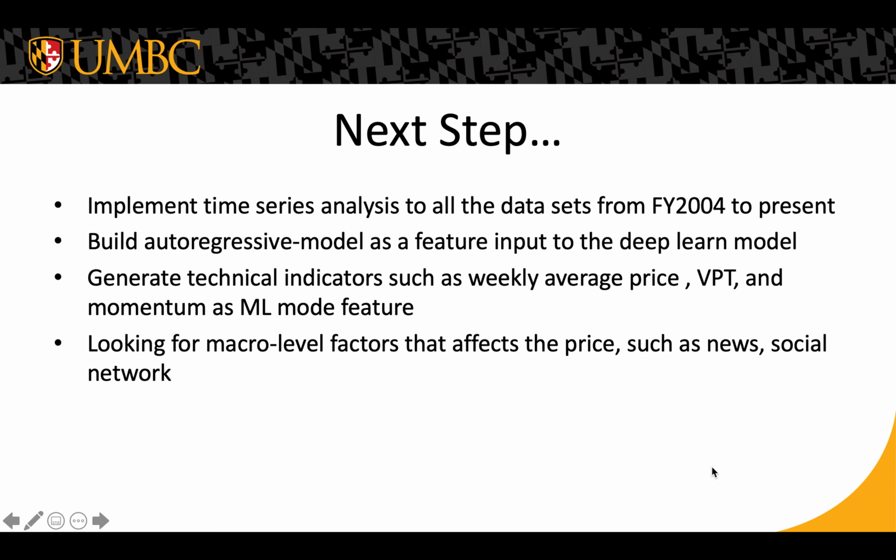And finally, I should start my feature engineering step, using my raw data to calculate the weekly average price and generate VPT and momentum as features for my machine learning model. And I would try to look for any macro-level factors that might affect the price, such as news and social networks.